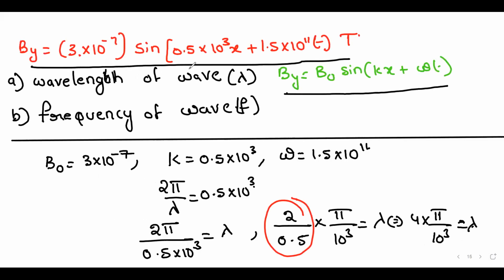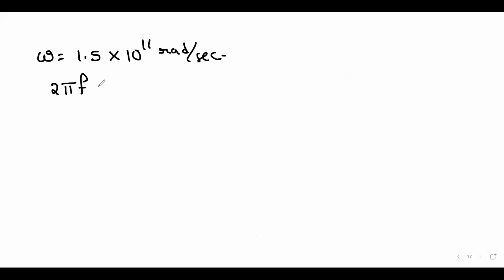Frequency. We have angular frequency as 1.5 into 10 power 11 rad per second. What is the relationship between angular frequency and frequency? 2 pi f is equal to 1.5 into 10 power 11.